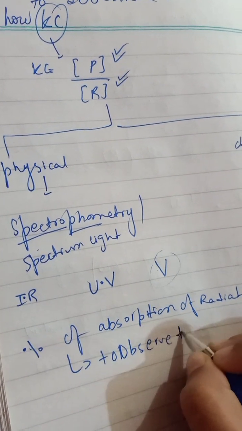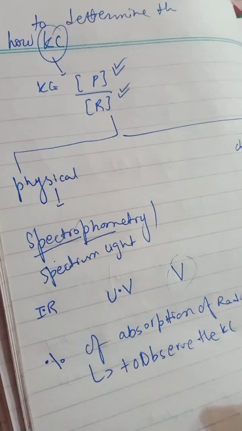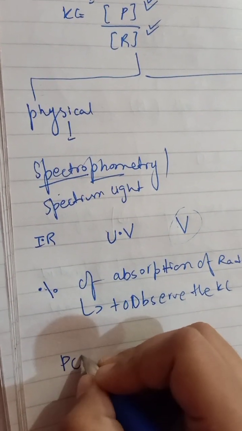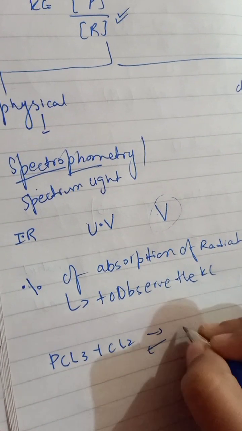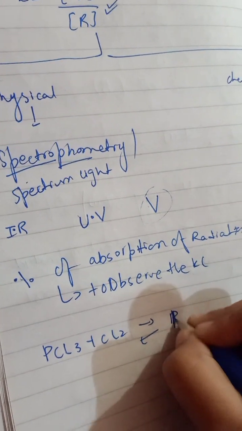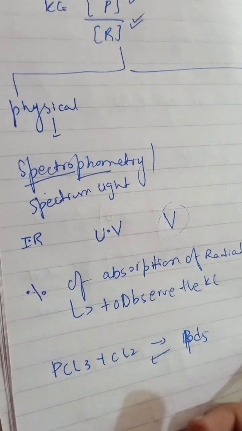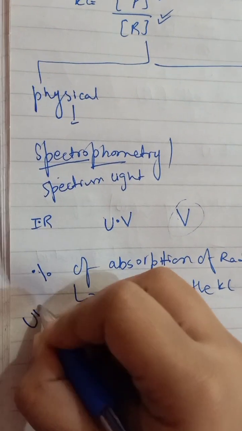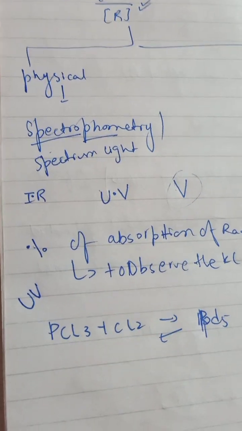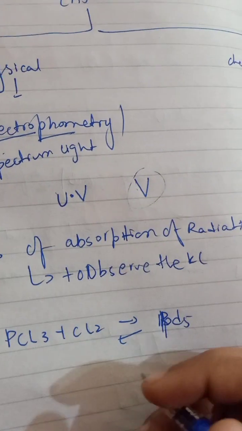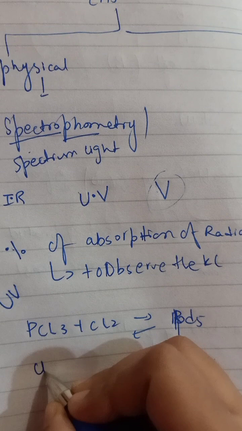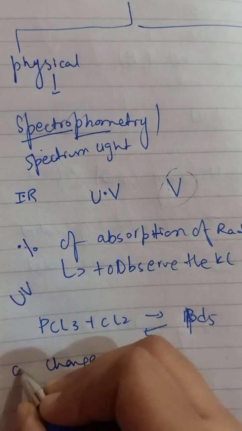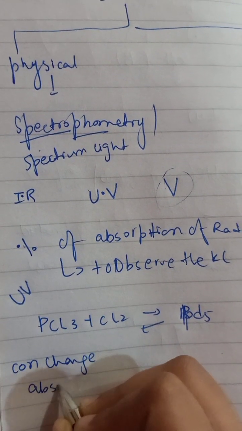the Kc. How? For example, this is the reaction. This is the reversible reaction we have taken. We have put this UV on this reaction, so the concentration will change. Of course, the absorption will also change.